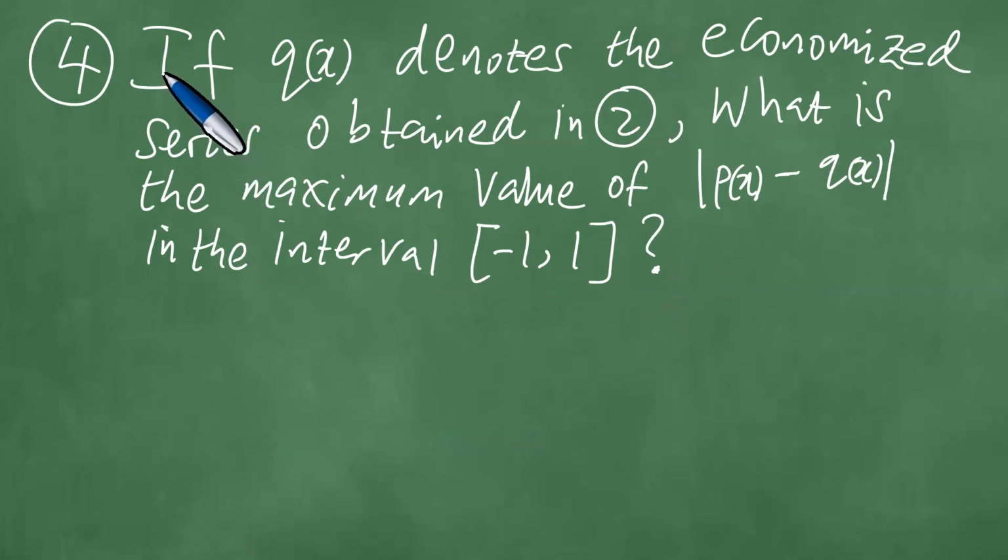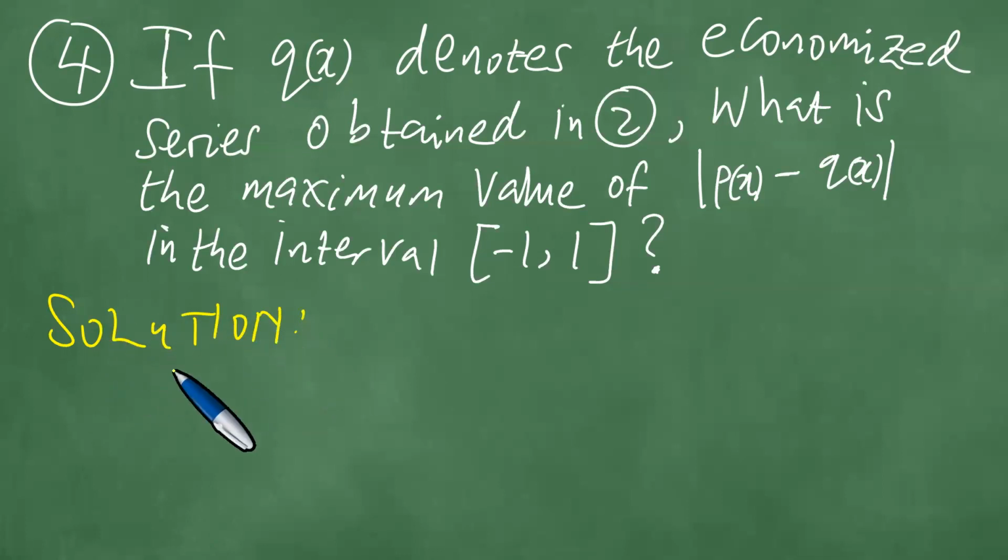If Q of x denotes the economized series obtained in 2, we've seen it, what is the maximum value of the difference in the interval? Right, so we look at the solution to this. So what becomes the solution to this?